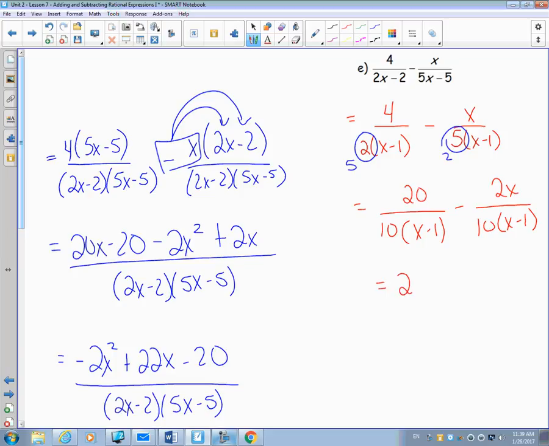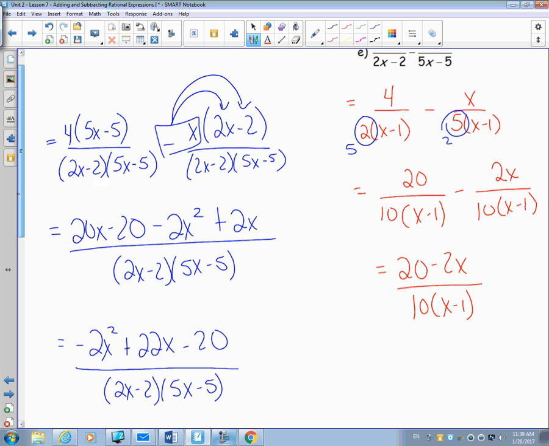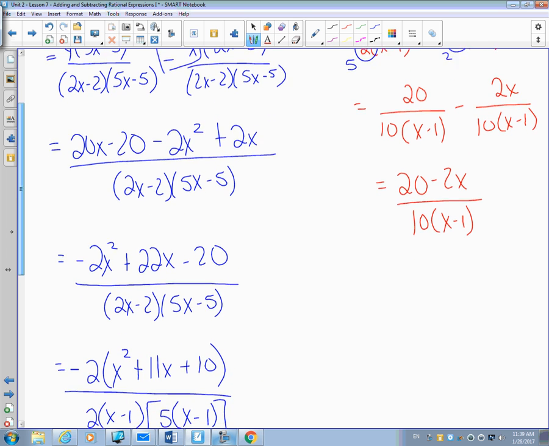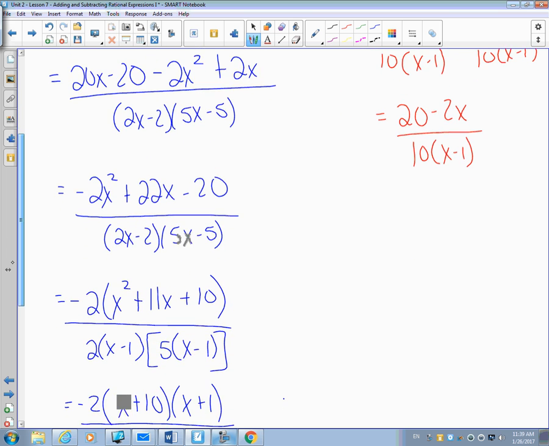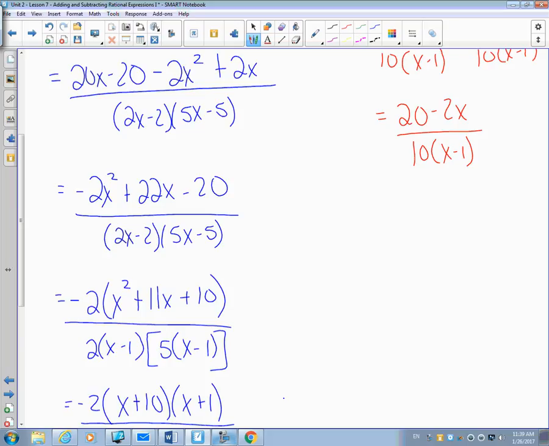So I end up with 20 minus 2x over 10 and x minus 1. And if I simplify that, I've got my 2, I've got 10 minus x over 10 and x minus 1, which simplifies to 10 minus x over 5 and x minus 1.